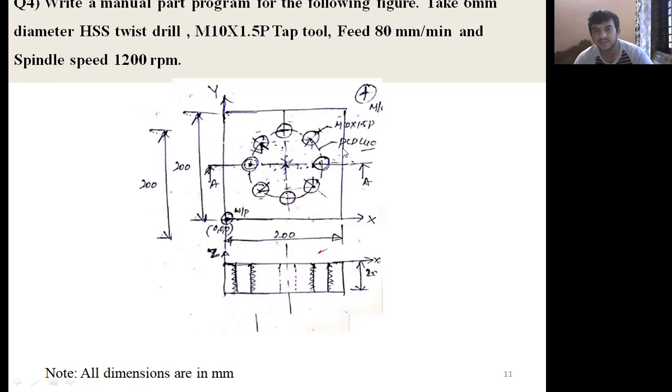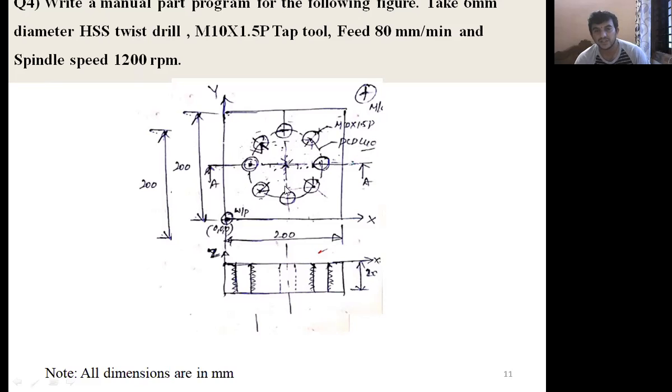And one more is given, PCD 140. PCD means what? Pitch circle diameter, 140 mm. Now from the center of the square block, you can draw a radius of 70 mm. Radius is 70, 70 into 2, 140 mm, so the diameter becomes 140 mm.